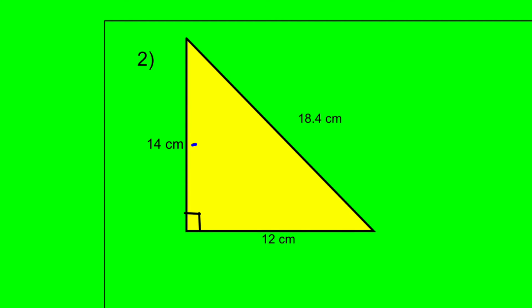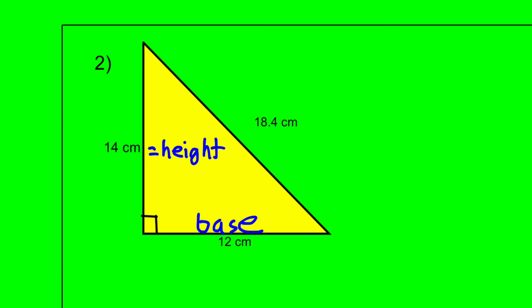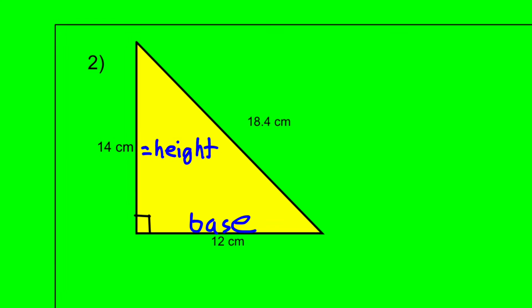So the height of this triangle is 14 centimeters, and the base is 12 centimeters. And the hypotenuse is not the base or the height, right? You would never measure the height of something by a diagonal line. So our height is 14 centimeters, our base is 12 centimeters.